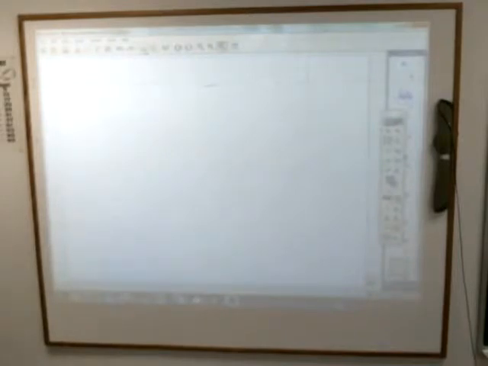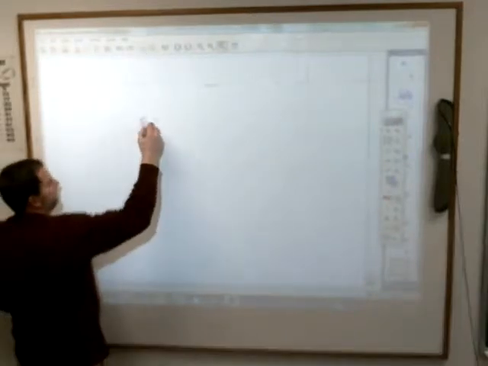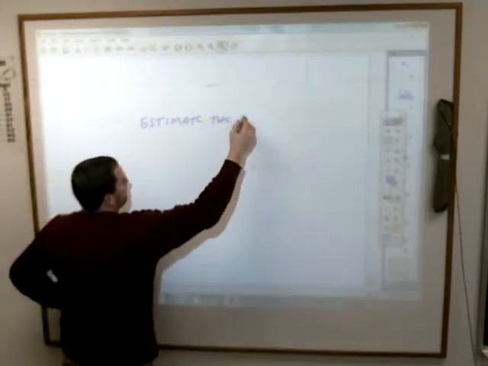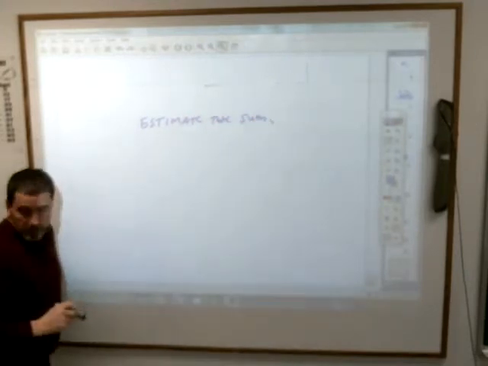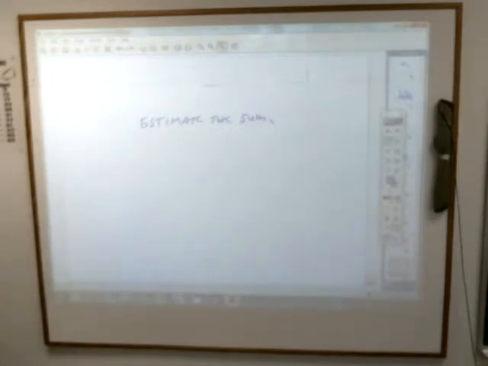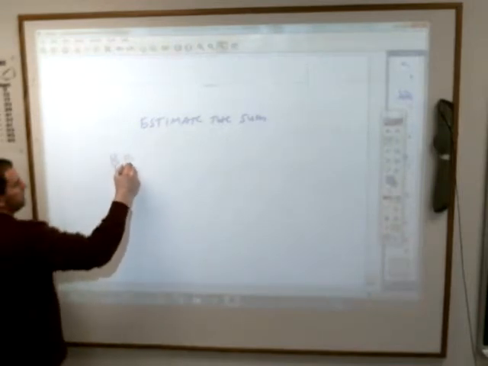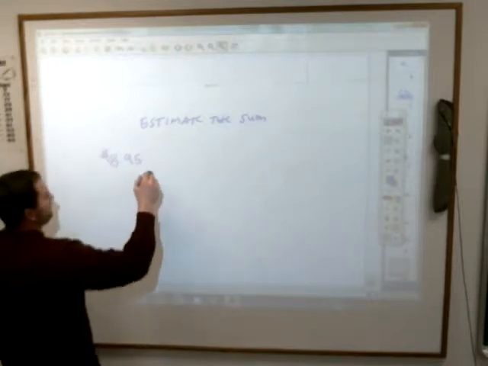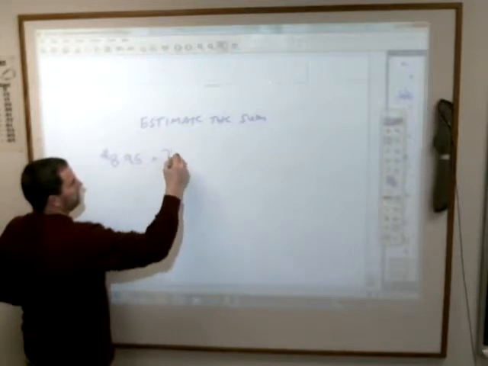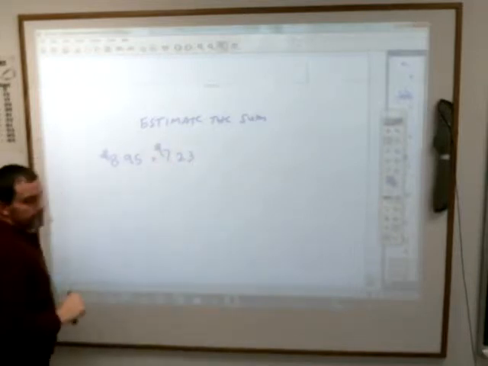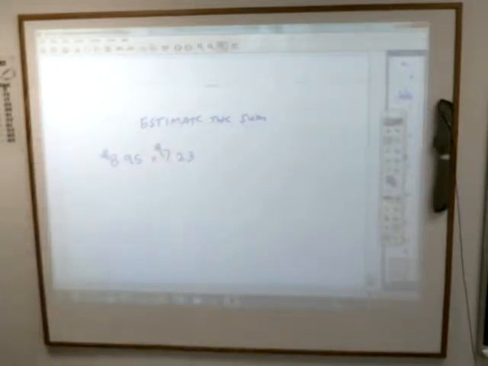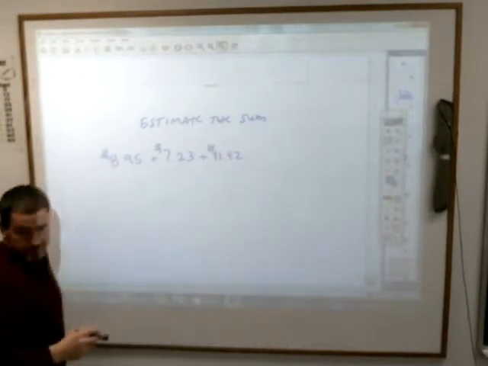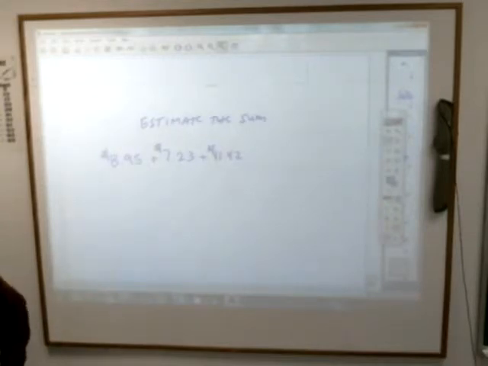For example, how about this one? Estimate this sum. Estimate the sum of, what do we got here? $8.95, $7.23, $11.42, and $6.89.